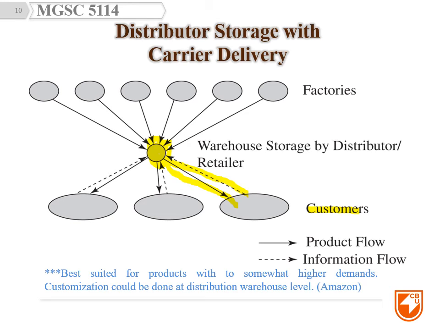So this is best suited for products with somewhat higher demands. When we already know that people have certain types of demand or certain quantity of demand for products, we are not going to wait to receive individual orders by customer. We are going to send a huge bulk of products to warehouse storage or retailers, and customers will be supplied from that huge inventory available at the warehouse storage or retailer.